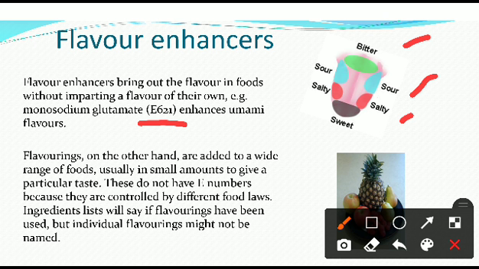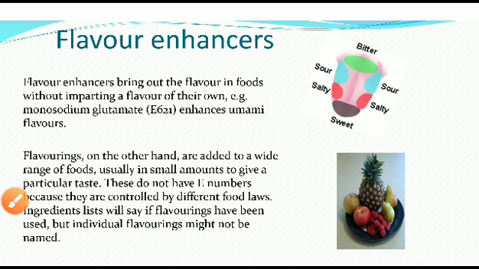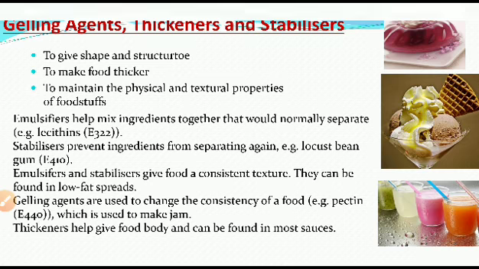Flavorings are added to a wide range of food, usually in a small amount, to give a particular taste. In some cases flavorings do not have an E number, because they are controlled by different food laws. Okay, this is about the enhancer.